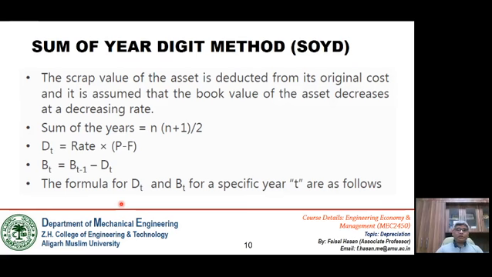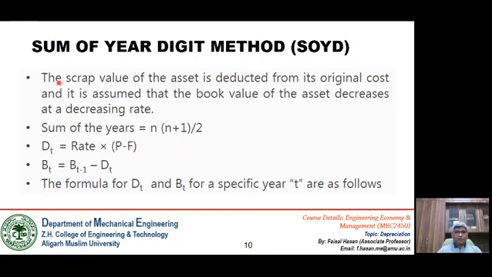Now let us see the sum of years digit method. This is again an accelerated method. The primary concept is that more depreciation amount will be there in the initial stages and it gradually reduces as the asset comes closer to its depreciable life.